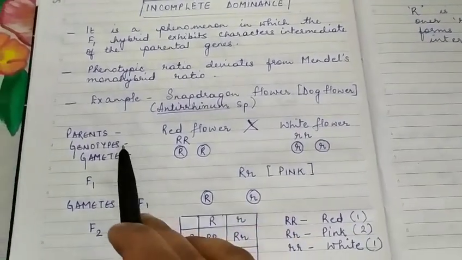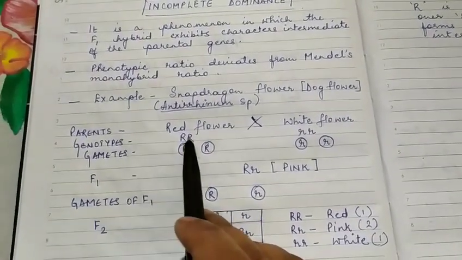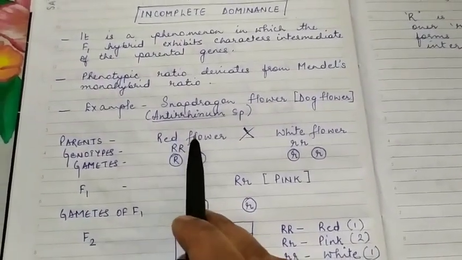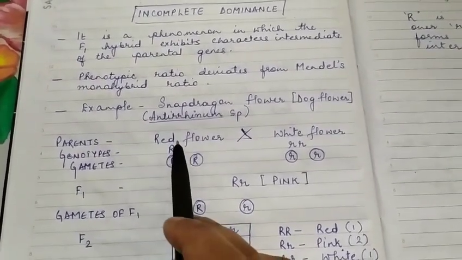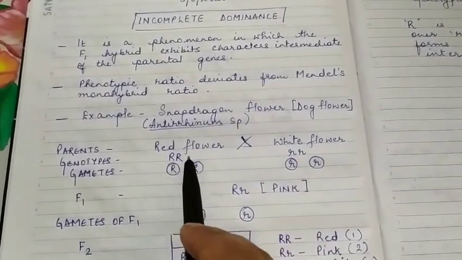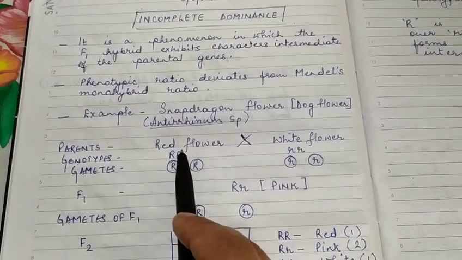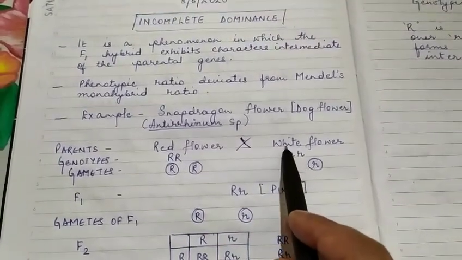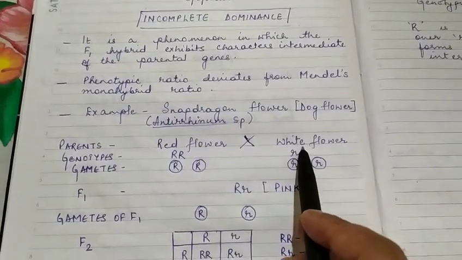Then let's see the genotypes. Considering red to be the dominant trait over white, the genotype of red was taken as capital R, capital R, and the genotype of white as small r, small r.